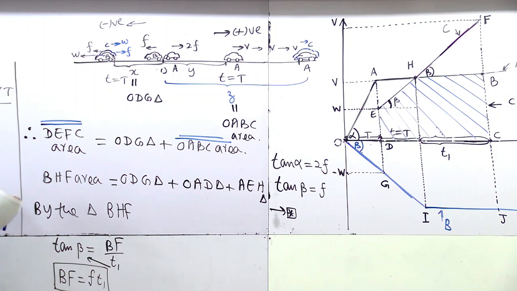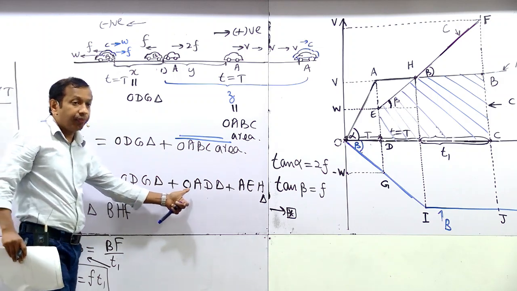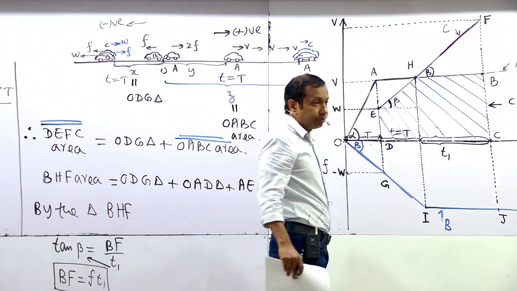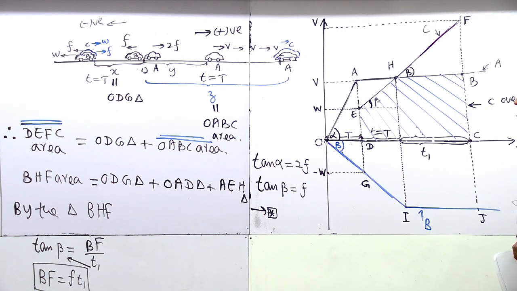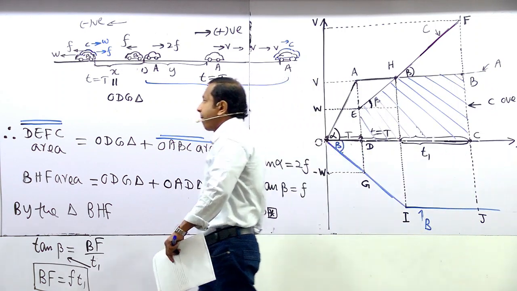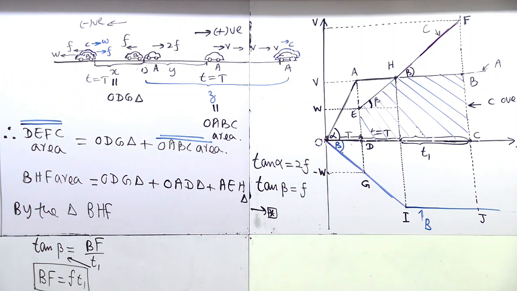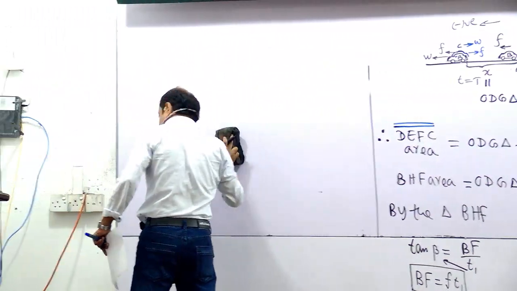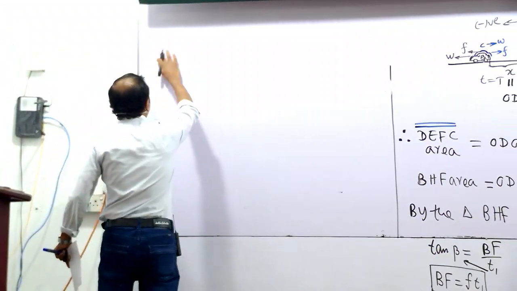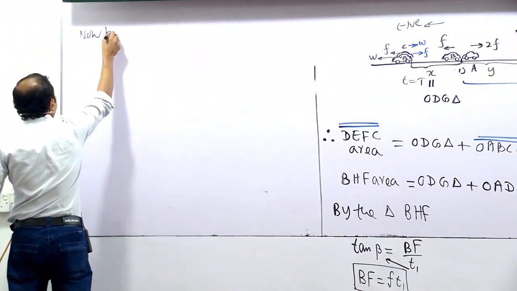Now we'll substitute these areas and get the value of T1. Now substitute for star.